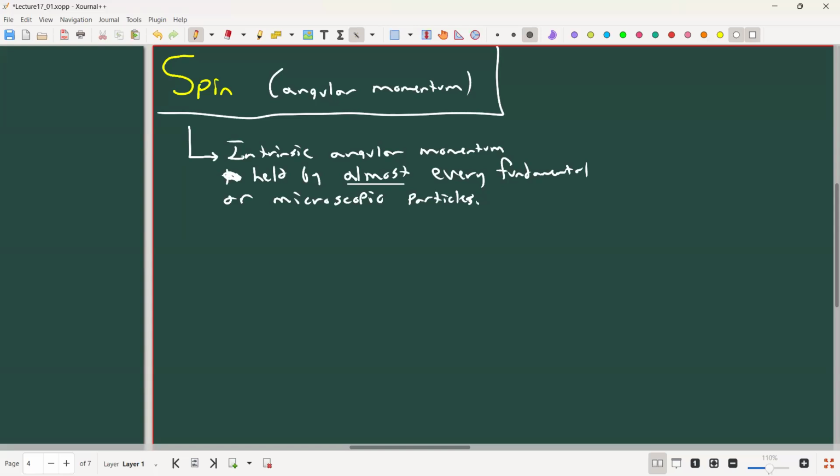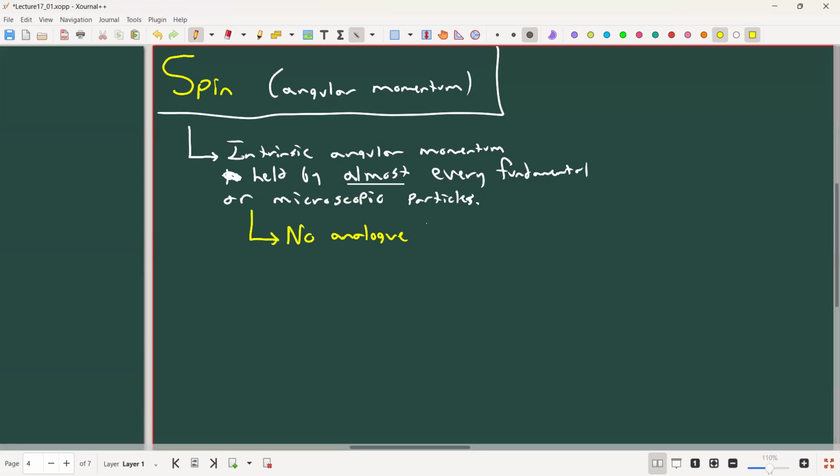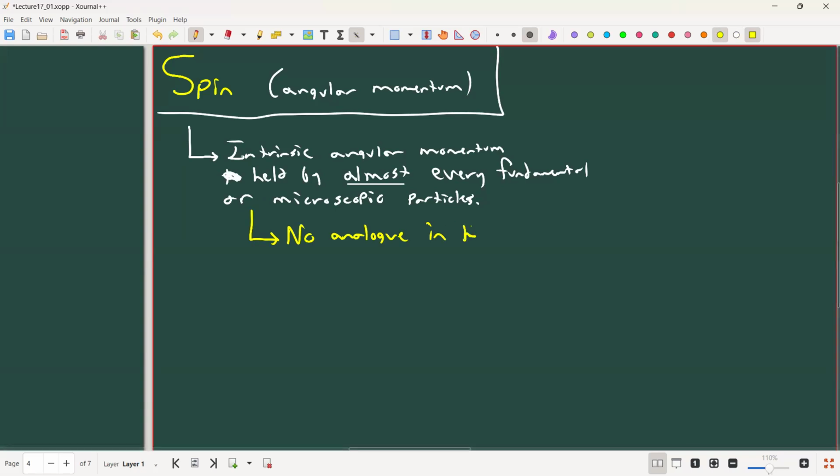Unfortunately, it isn't like it's spinning on top of its axis. I kind of say that, but the math for that doesn't work, it turns out. It's more complicated. But it kind of looks like the electron is orbiting, and it has this special angular momentum that is angular momentum, but it doesn't work like all the other angular momentum. What I mean by that is that there is no analog in the macroscopic world.